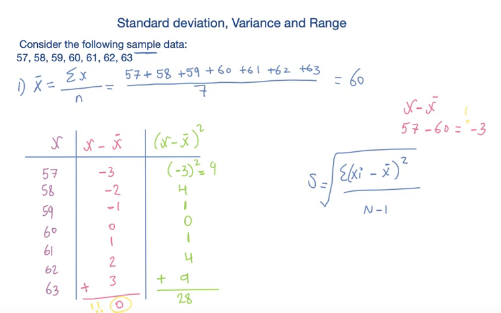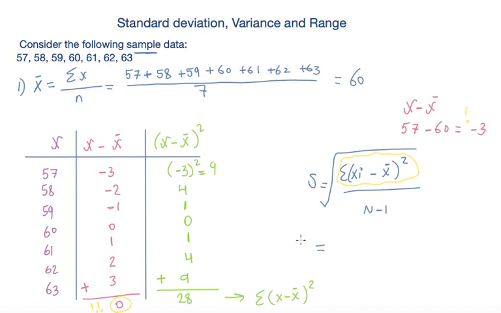So this part over here is actually the 28 that we just calculated, because what we did in the 28 is that we took the sum of the third column, so the sum of x minus the mean all squared, which gives you this part. And that's why I recommend you using a table. It makes things easier on you and you can easily get this part without confusion.